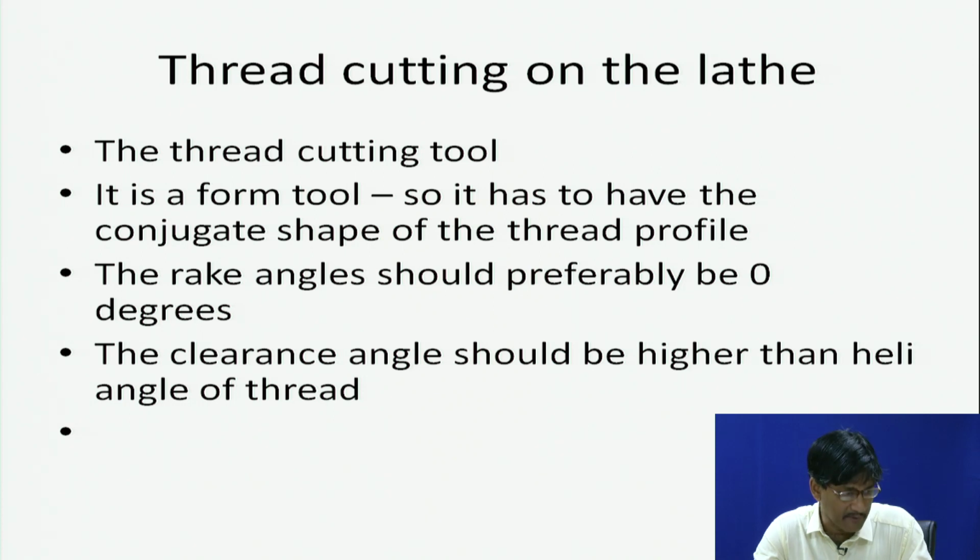This helix angle might be quite high, and therefore, you have to be sure that your clearance angle is more than this helix angle, or you will have interference. So, in order to avoid this interference, we generally have the clearance angle higher than the helix angle, and also the velocity, the RPM at which the job has to be rotated, is generally, a thumb rule, 1/4 of the typical cutting speed values that we use during ordinary turning. Okay. You can think about why that has to be done.